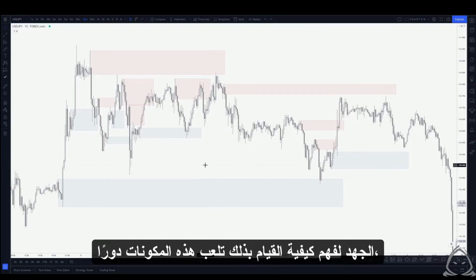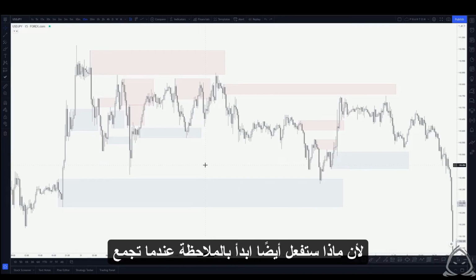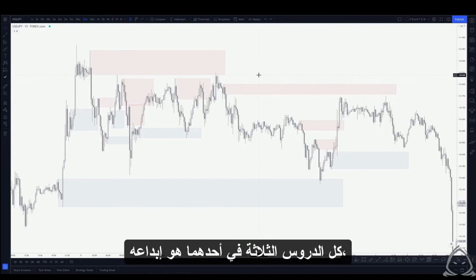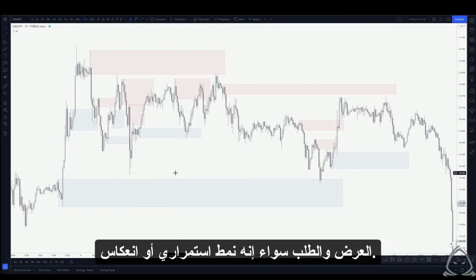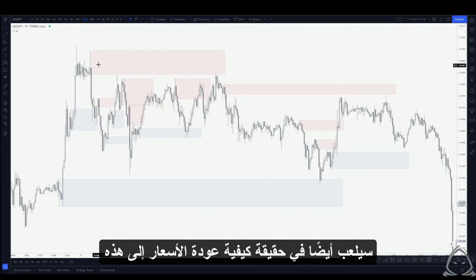how all these components come into play, because what you'll also start to notice when you combine all three lessons into one is the zone creation, the different ways that you're mapping, whether it's range created or pivot created supply and demand, whether it's a continuation or a reversal pattern, will also play into how price is returning to these zones.